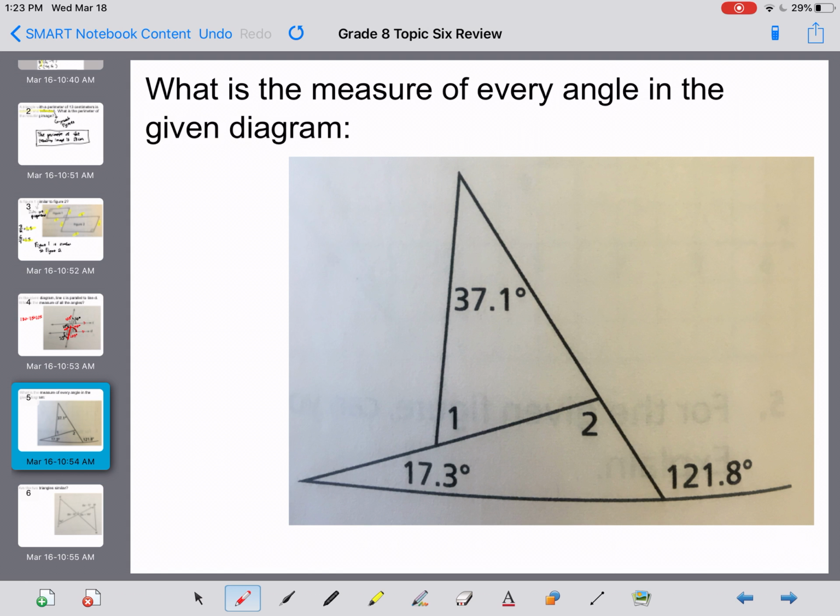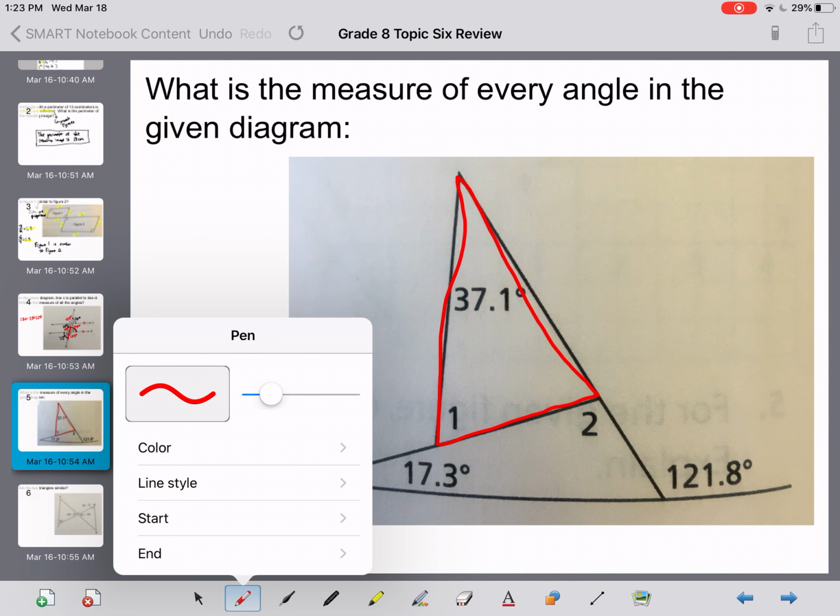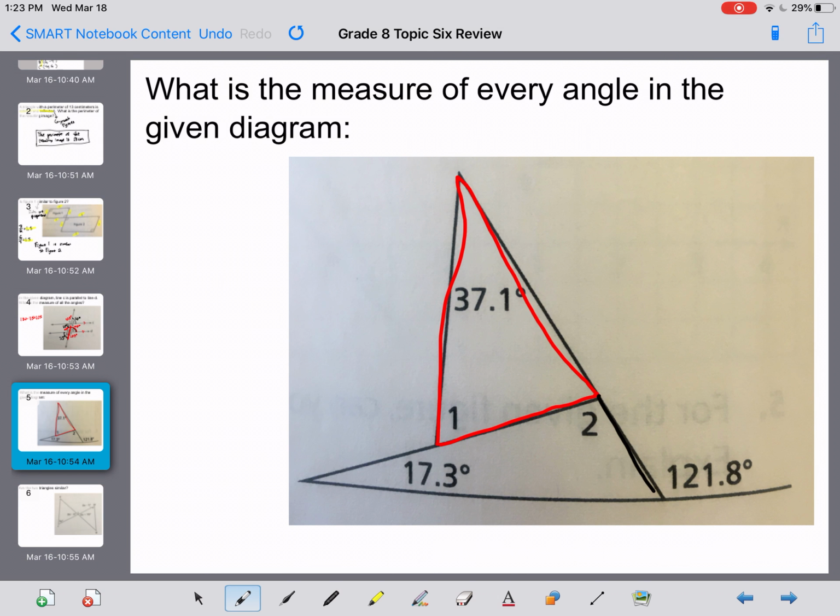When I'm looking at my diagram, I notice that I have two triangles. I have this triangle up top that is outlined in red, and then I have another triangle that I'm going to outline in black, and that is this triangle down here.